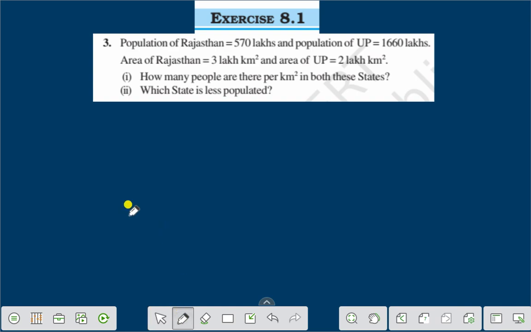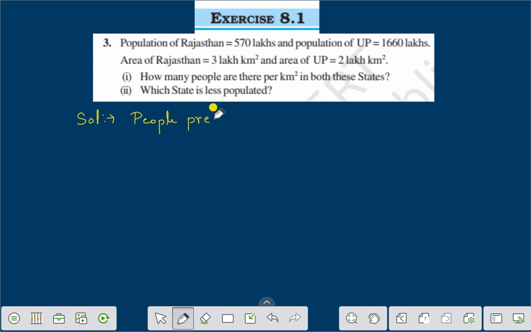Let us find the people present per square kilometer.